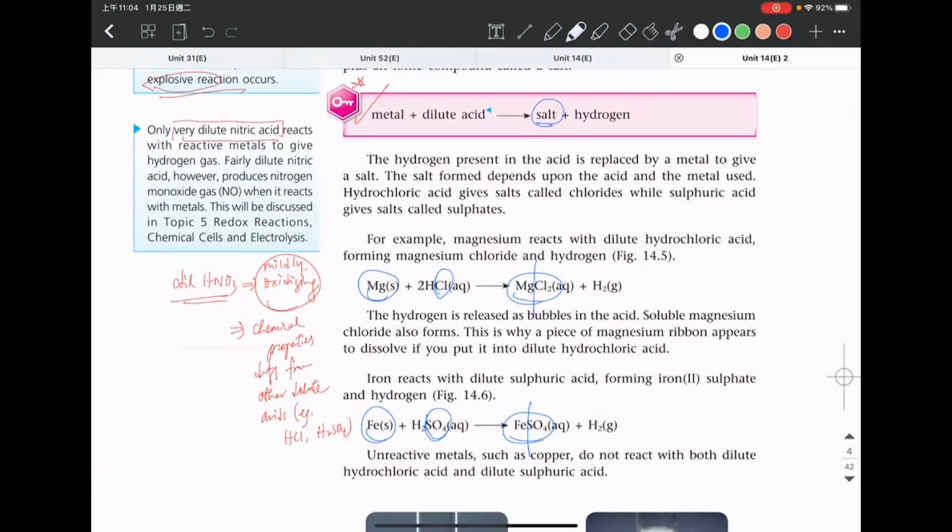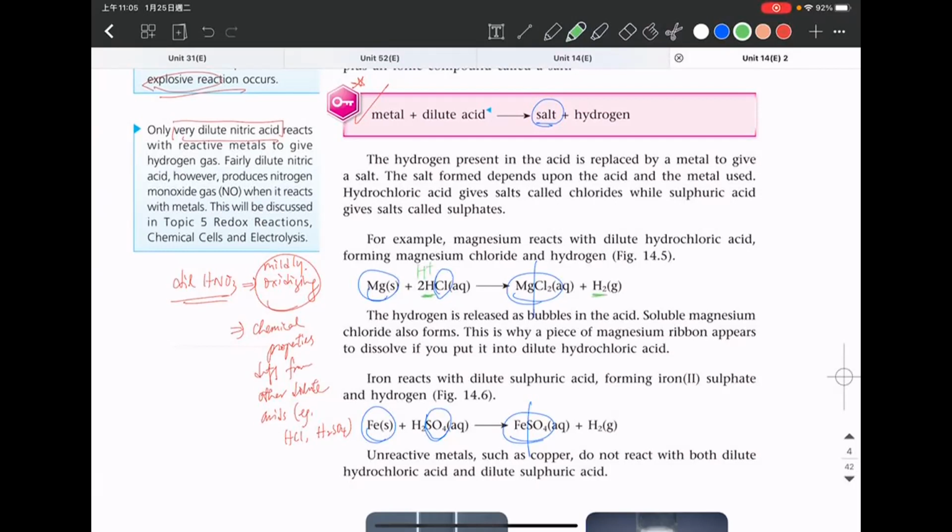For example, magnesium from the metal combines with the chloride ion from dilute hydrochloric acid to form magnesium chloride, while iron reacts with dilute sulfuric acid, taking the sulfate ion from the acid, to form iron(II) sulfate. Is that clear? What is left behind is hydrogen ion, and they will form hydrogen gas.